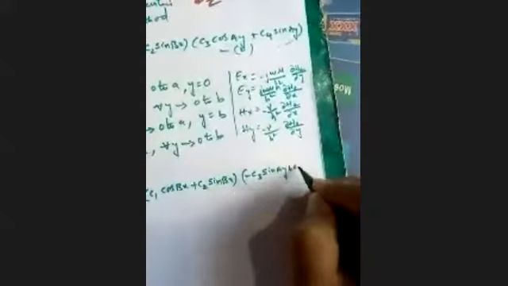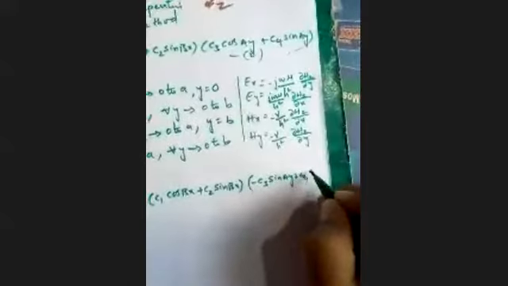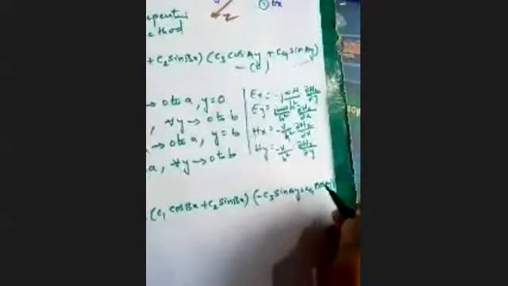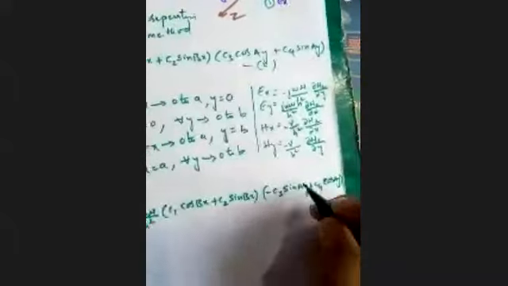So we have a coefficient a here. Similarly, plus c4, sine is converted into cos ay into a. So I am taking the coefficient a as common and I put it here, right? So this is the value of Ex.